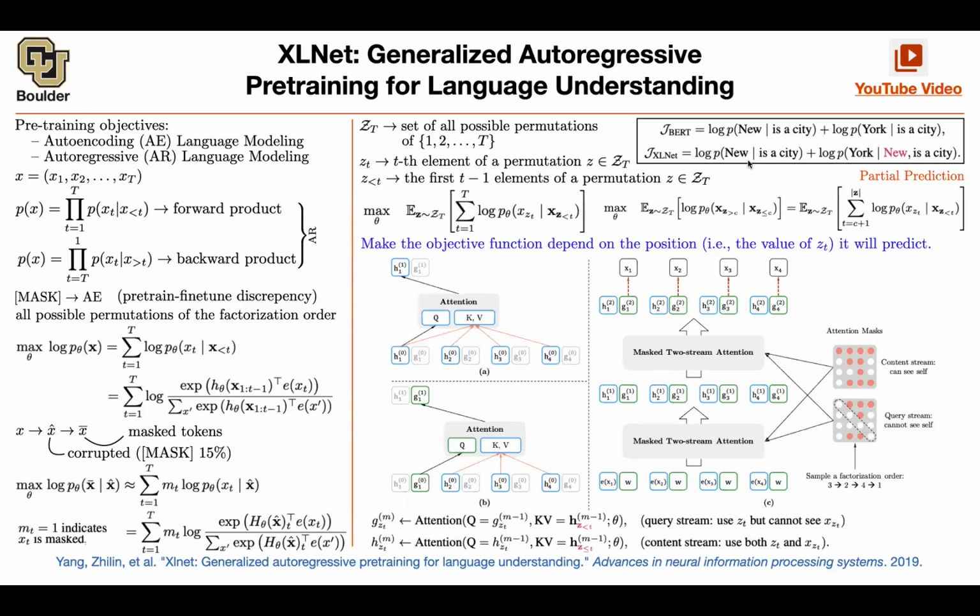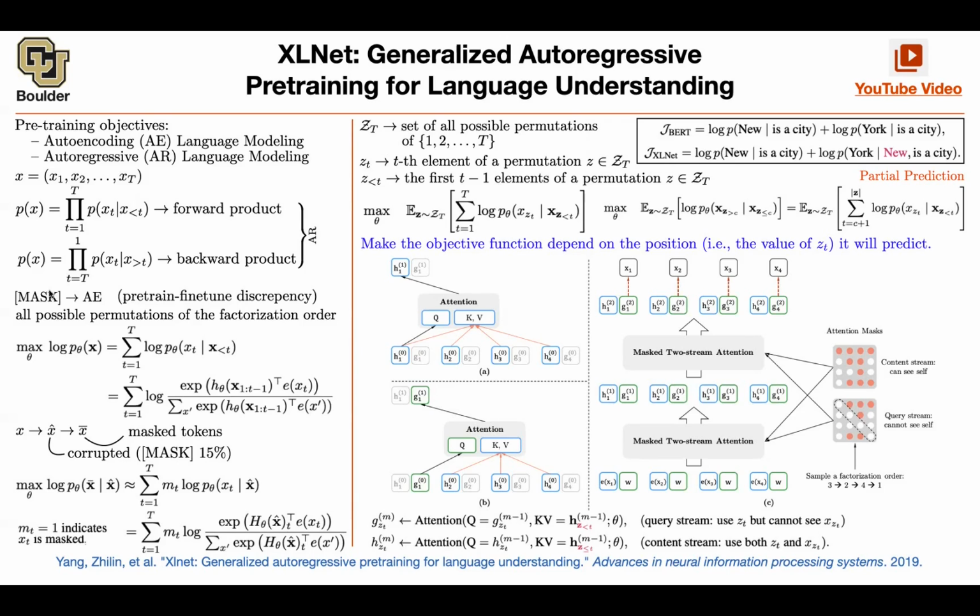Or this could equally likely be the case that "is a city" is the past and "York" is the future, and then "York is a city" is the past and "new" is the future. And this way, the mask token is not present during training anymore. And your model is not going to be biased towards that mask token.